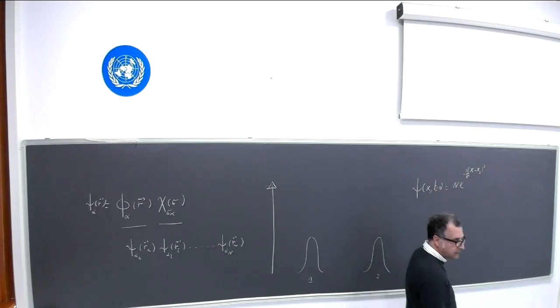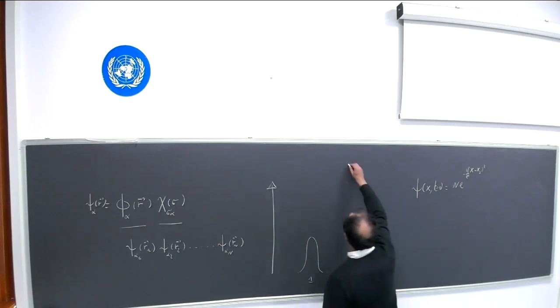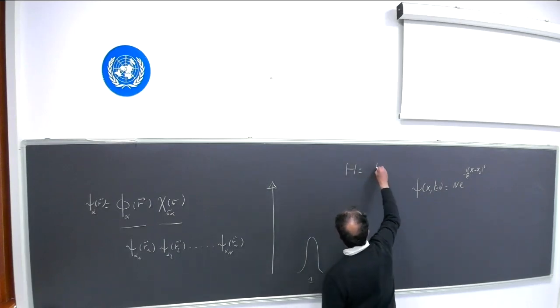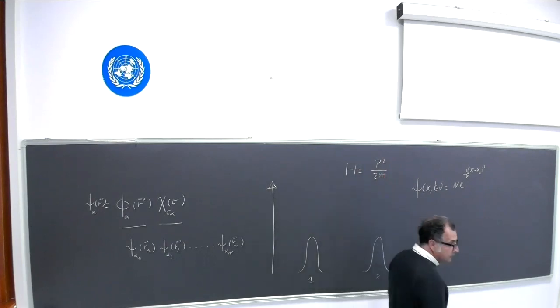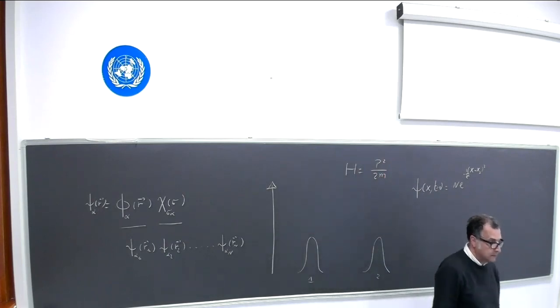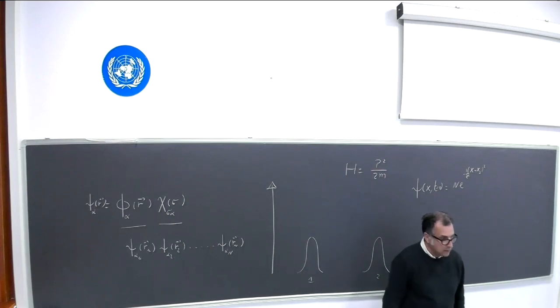Okay. So does it change or does it evolve? We are saying that the Hamiltonian is the free Hamiltonian, so it's p squared over 2m. Yeah, it evolves, it spreads out. Very good.